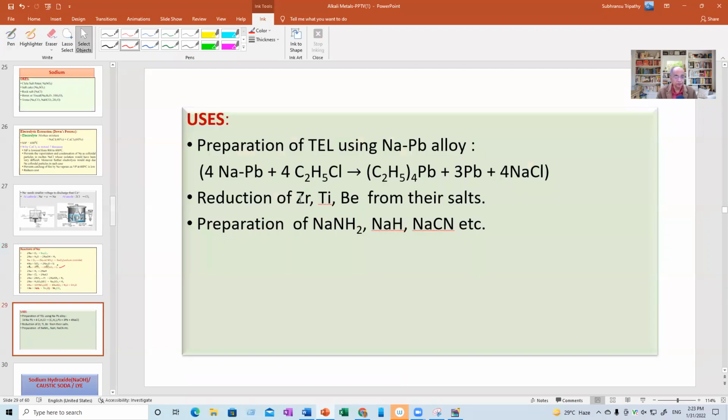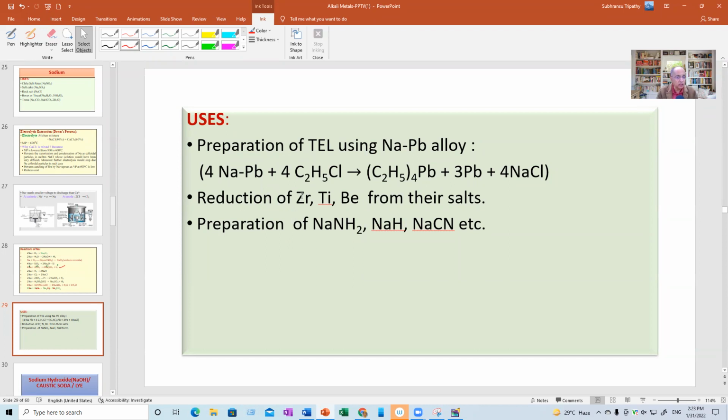and write down. Uses of sodium: this sodium lead alloy was being used to prepare TEL, tetraethyl lead, by this equation. Nowadays, the use of TEL as an anti-knock additive in petrol has been banned. So no need to study.